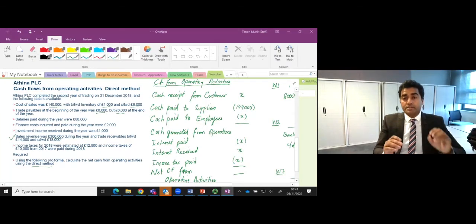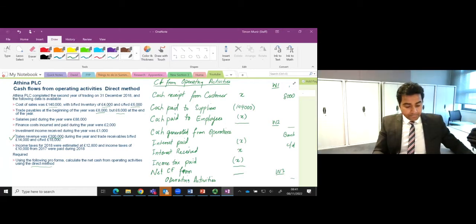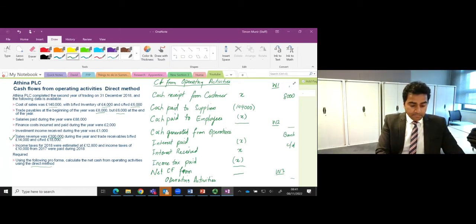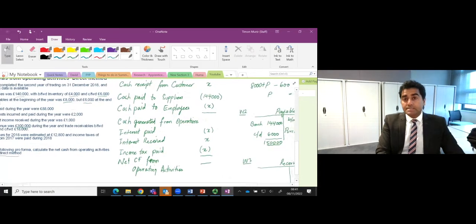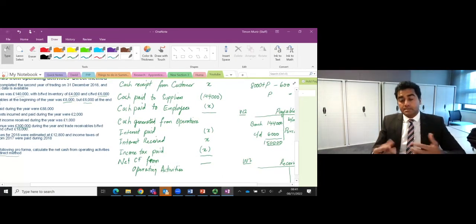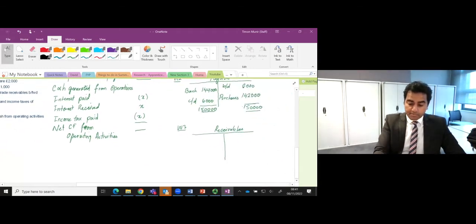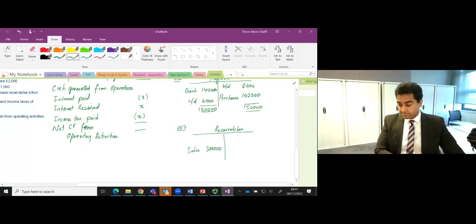So I will pause here and first of all record this £300,000 sale in my receivables account, assuming that I have been selling on credit. And when we are selling on credit, the double entry is receivables debit, sales credit. So in my receivables account I will be recording 300,000 on the debit side.